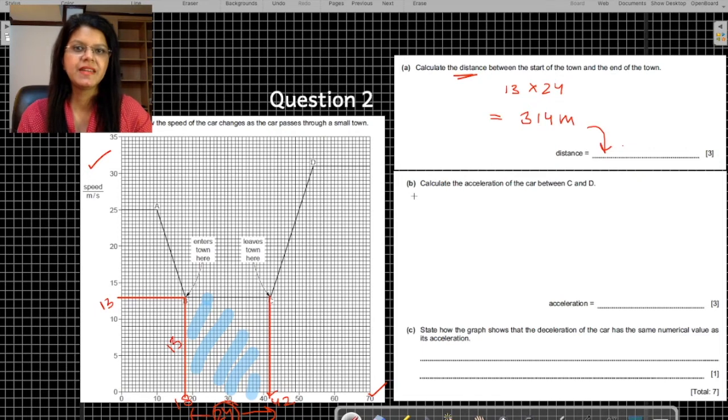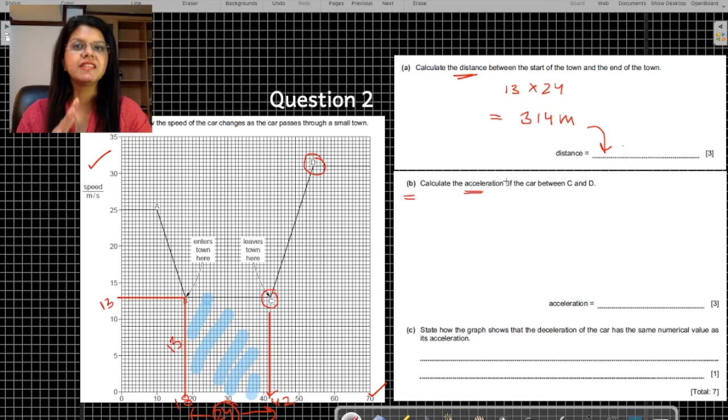Right? Let us come to the B part. Calculate the acceleration of the car between the point C and D. You have to calculate the acceleration between this point and this point. Acceleration. They are talking about acceleration, and this is a speed time graph. On a speed time graph, how do you find the acceleration?